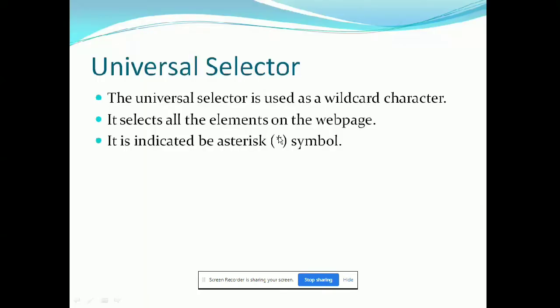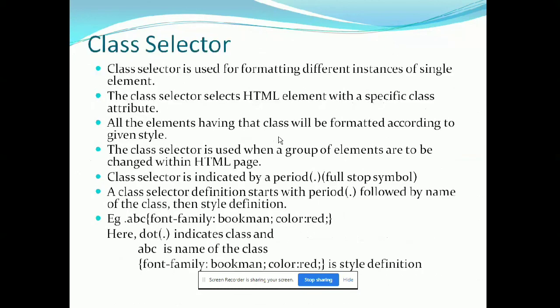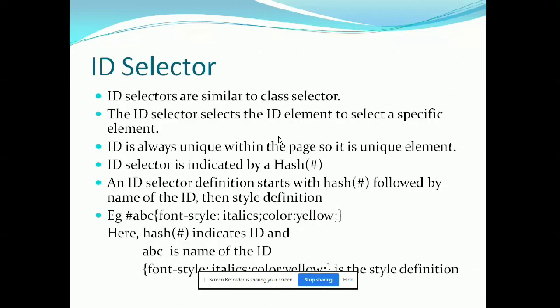So this is about your selectors. Let's quickly go through. Class selectors can be used for multiple tags, multiple elements, and are indicated by a period or a dot. Next, ID selector, only one in the page. You cannot have multiple IDs. It is indicated by a hash.